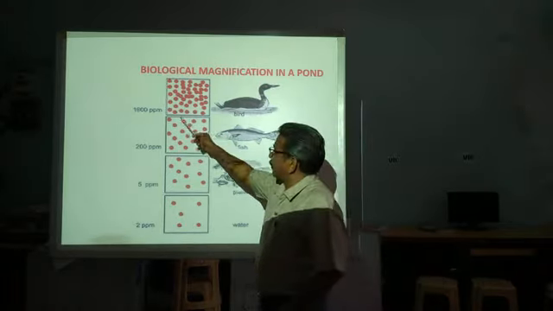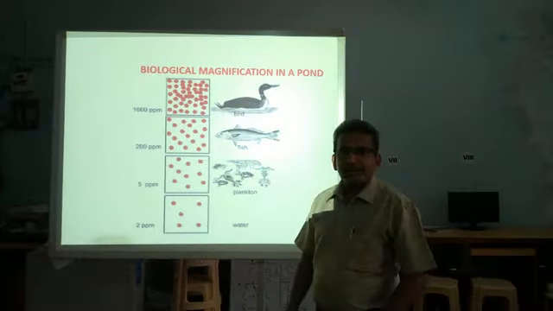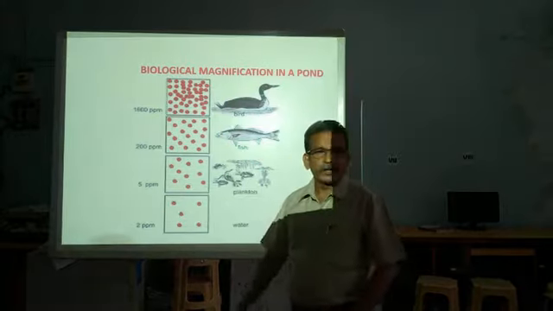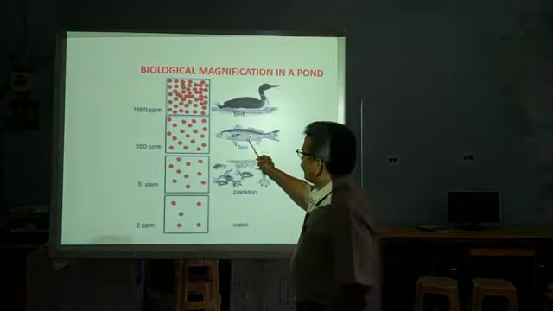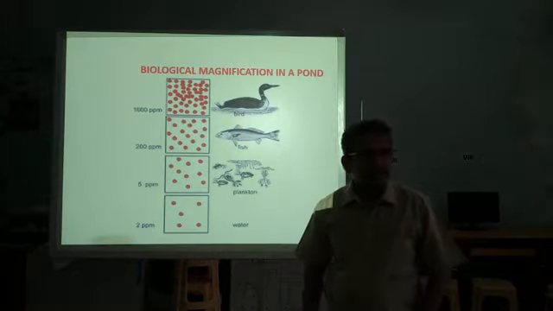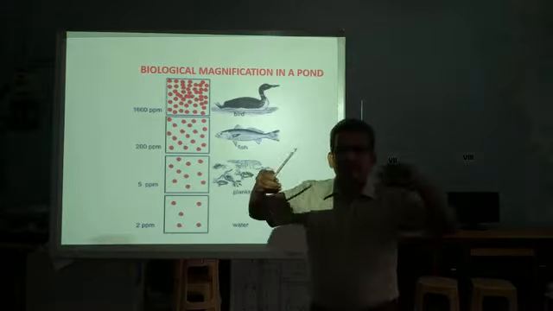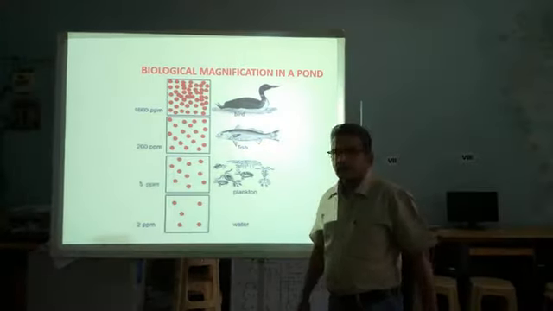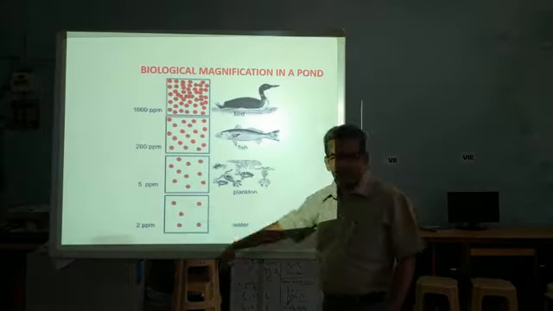And in the body of this bird, it may reach even up to 1600 ppm. And see, if at all in this position we are going to eat fish, this amount of chemical is getting into our body. So it so happens sometimes the human may be eating this fish.